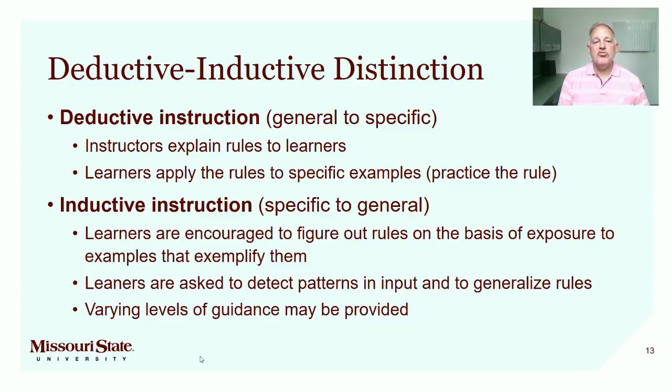And in inductive instruction, there are varying degrees of guidance that the instructor might provide, from zero guidance, in which case it's very close to implicit instruction, to a little more guidance. Be on the lookout for this, right? Where it becomes a little bit more explicit. So the difference between deductive is you're giving the learners the rule, and inductive instruction, you're helping, to varying degrees, learners detect and generalize those rules on their own.